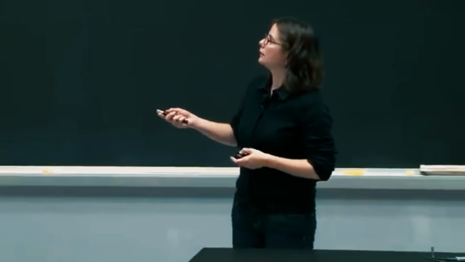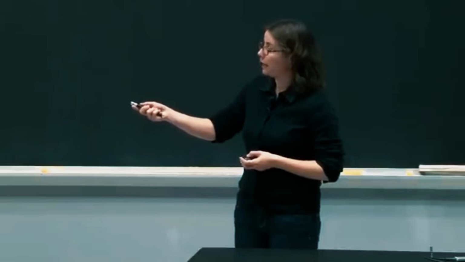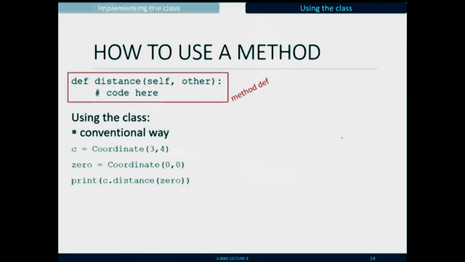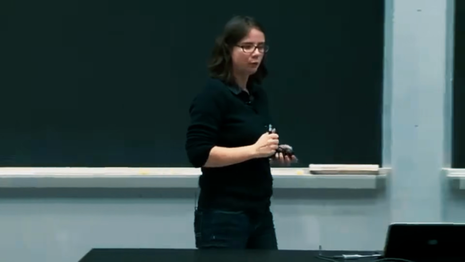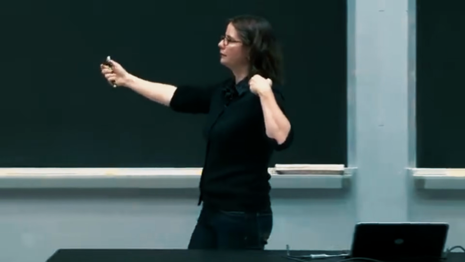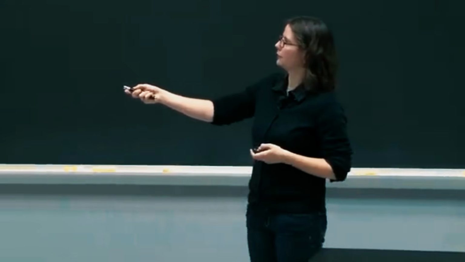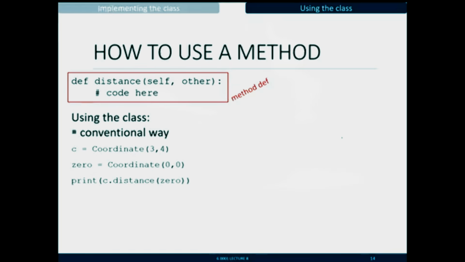Now, how do we use it? So let's assume that the definition of distance is up here. I didn't include the code. But really all you need to know is what it takes. It takes a self and an other. So when you want to use this method to figure out a distance between two coordinate objects, this is how you do it. In the first line, I create one coordinate object.